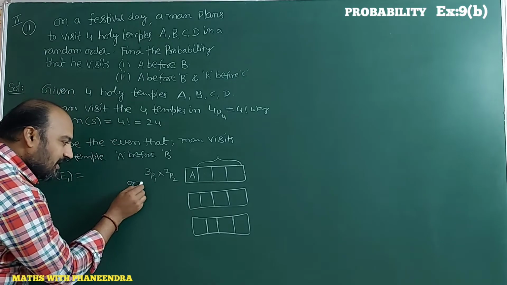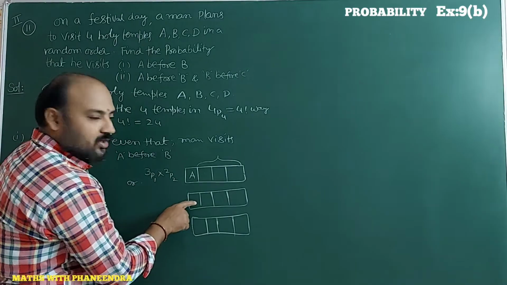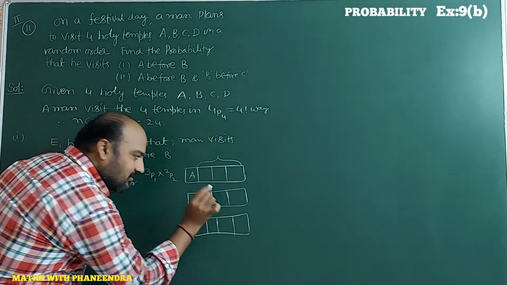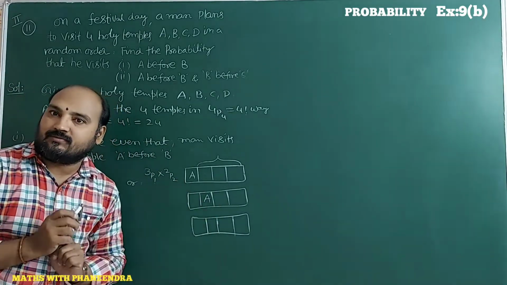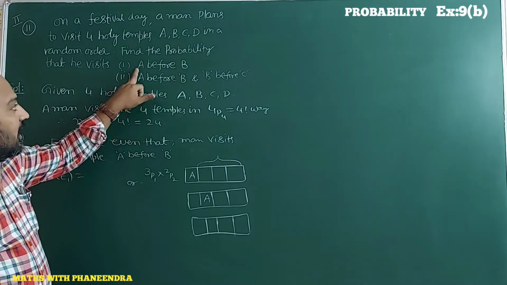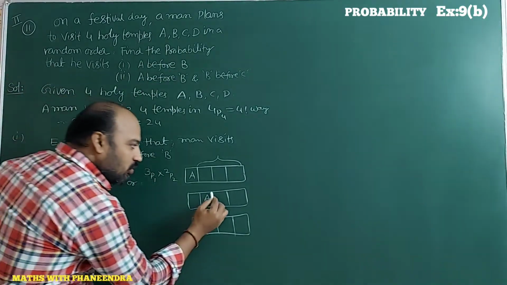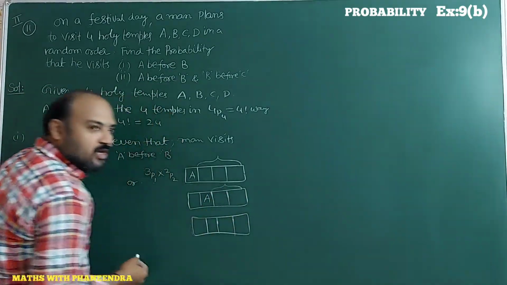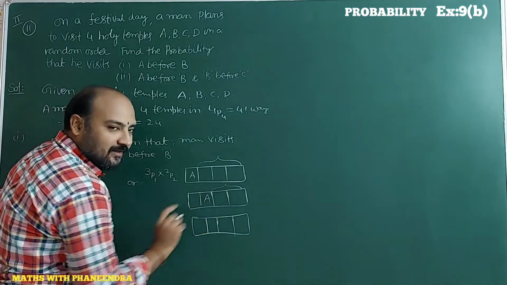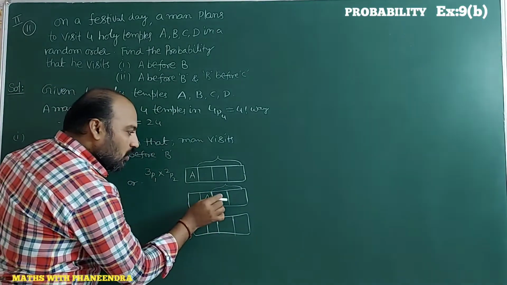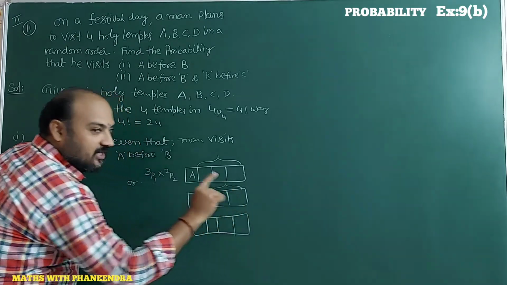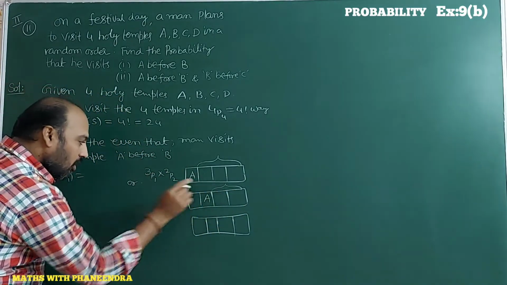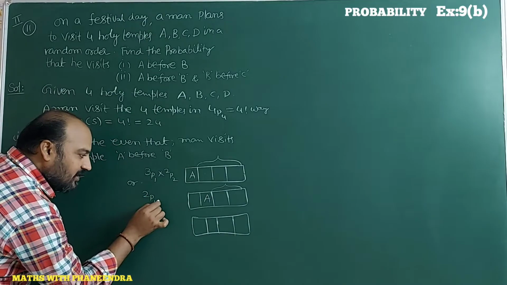Or means what? Plus. Suppose the temple A is here. A temple will be here. A before B should be there, no? So only 2 possibilities are there here. The B temple either here or here. So compulsorily the B temple will be here. Among the 2 possibilities, in one place we can accommodate, it can be done in 2P1 ways.